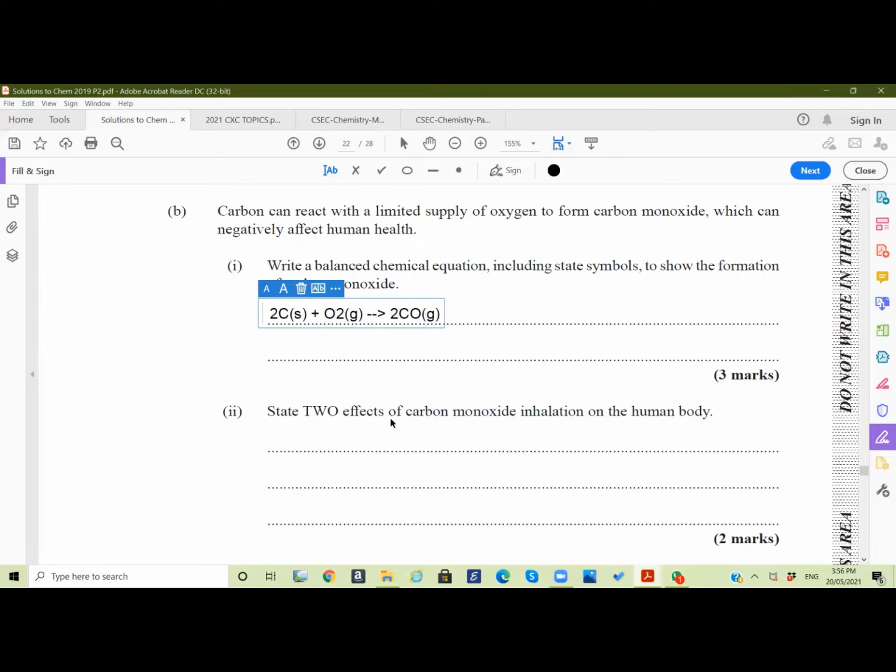Part 2, state 2 effects of carbon monoxide inhalation on the human body.